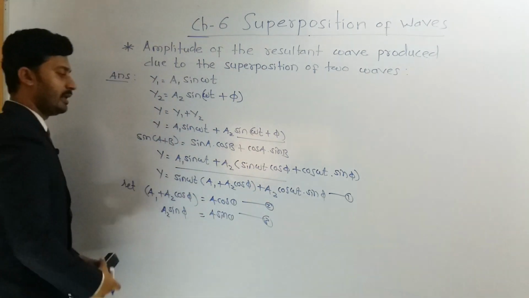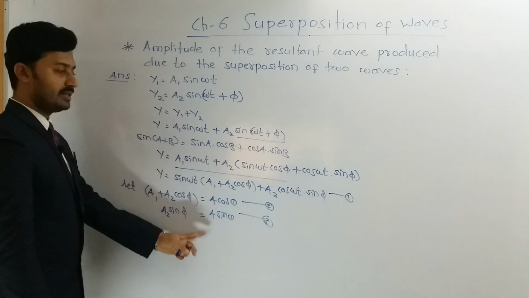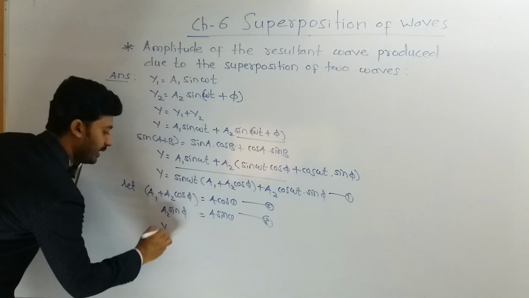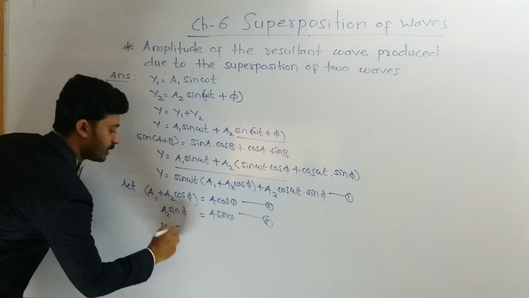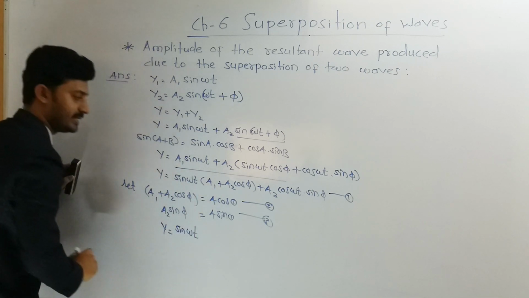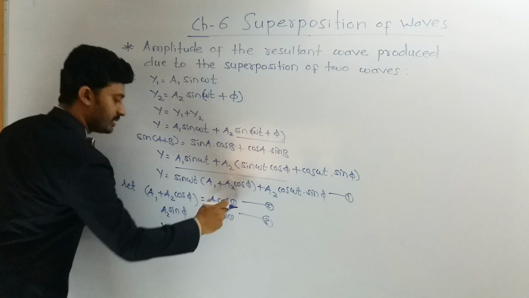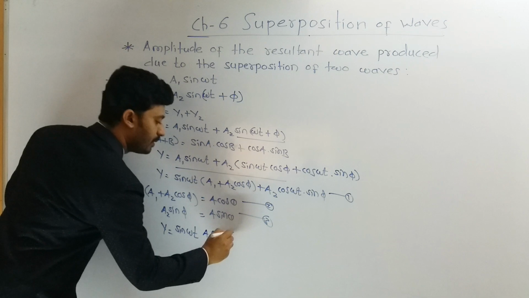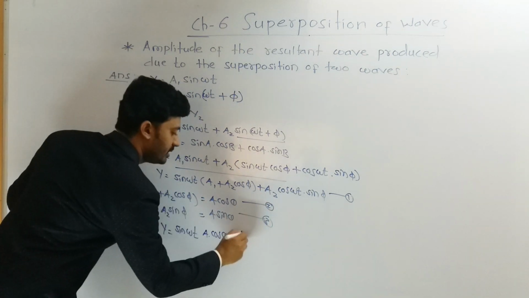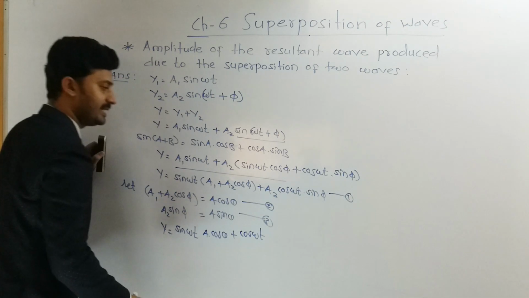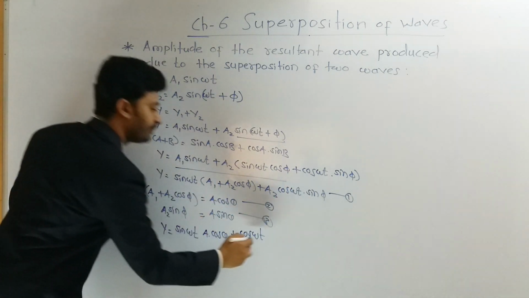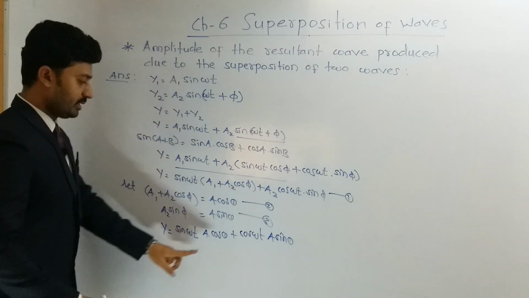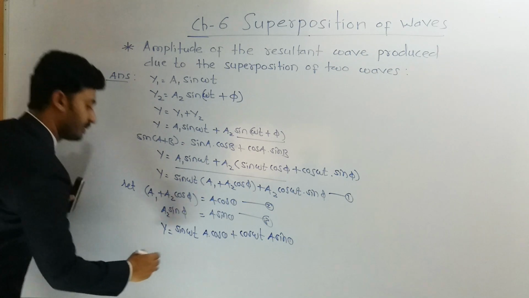Okay, now after substituting equations 2 and 3 in equation 1 we get y is equal to sine omega t will remain as it is, instead of this bracket A cos theta, plus cos omega t will remain as it is, and instead of a2 sine phi, A sine theta. Okay, now here again A is the common factor.